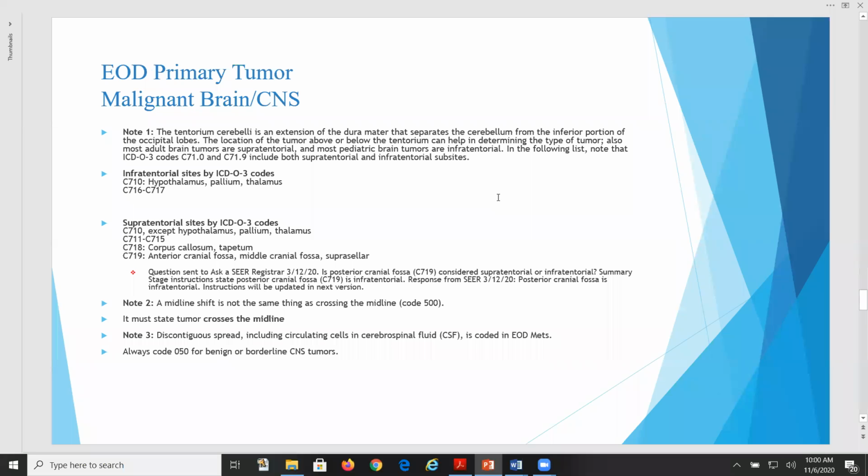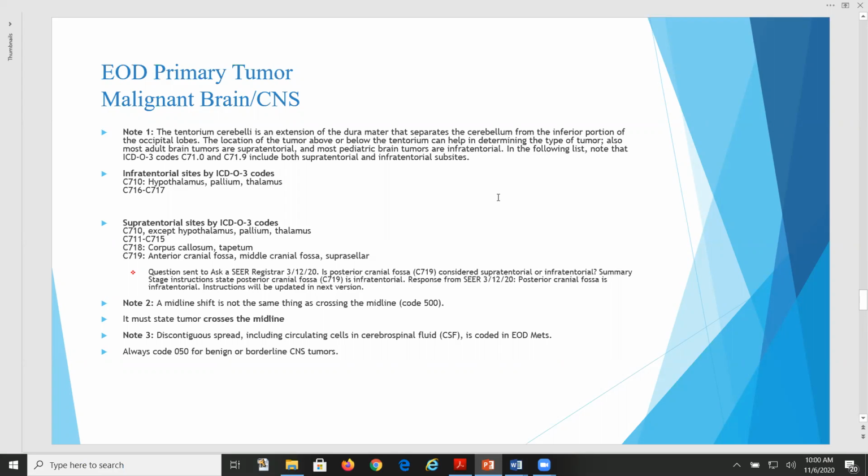Moving on to EOD primary tumor for malignant brain CNS. As I described before, the tentorium cerebelli is essentially the landmark in the brain that separates supratentorial and infratentorial sites. The infratentorial sites are C710, the hypothalamus, the pallium, the thalamus, and C716 through C717.